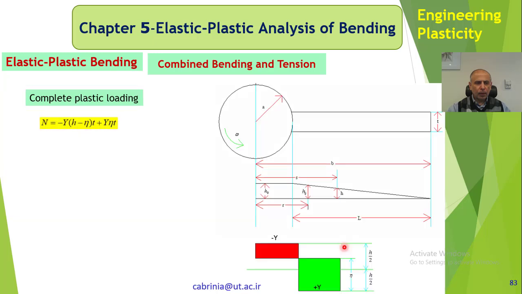Okay, so for complete plastic loading, let's go to plastic. So far we considered the elastic loading and the boundary of elastic plastic, which is incipient yielding. Now we want to go to plastic loading.